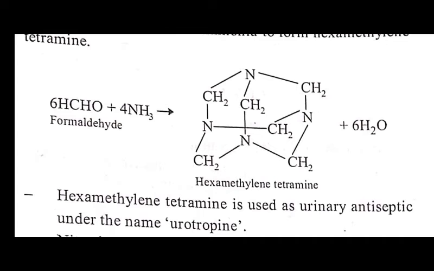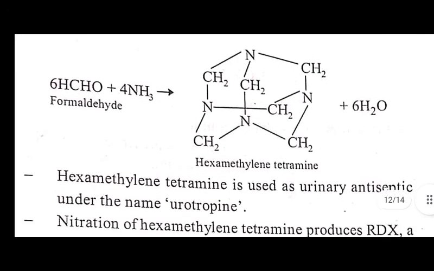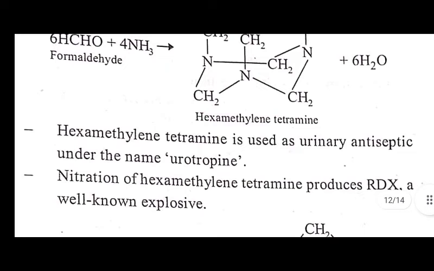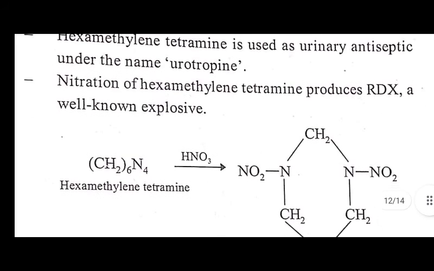That's why the reaction takes place in the ratio of 6:4, and this structure is formed. We need to learn the structure and try to understand the bonding. Bonding is between alternate carbon and nitrogen. Hexamethylene tetramine is used as a urinary antiseptic, and its commercial name is urotropin or urotropine.